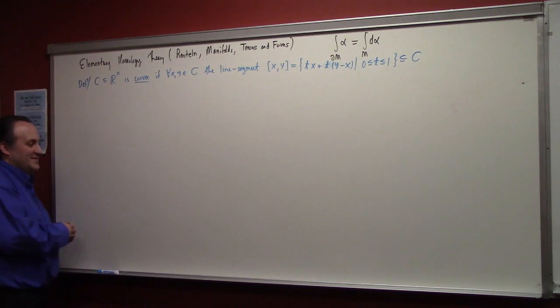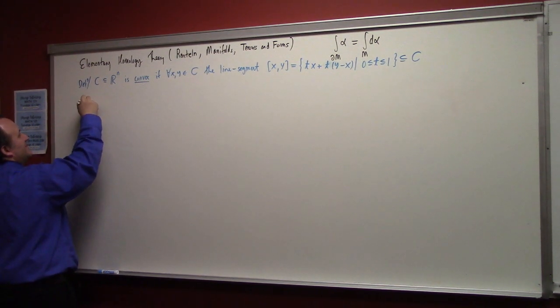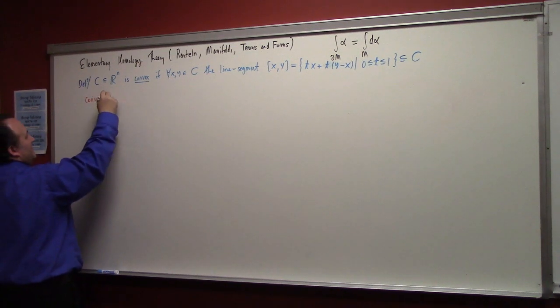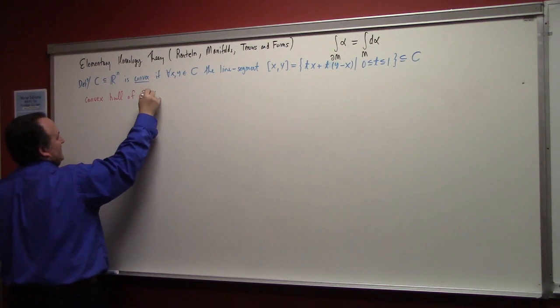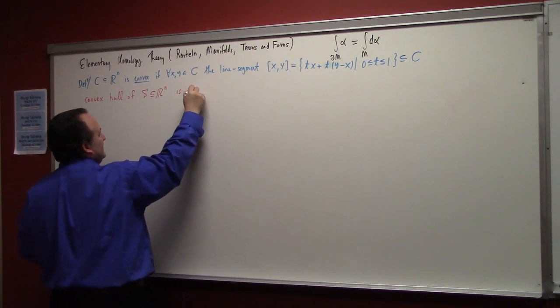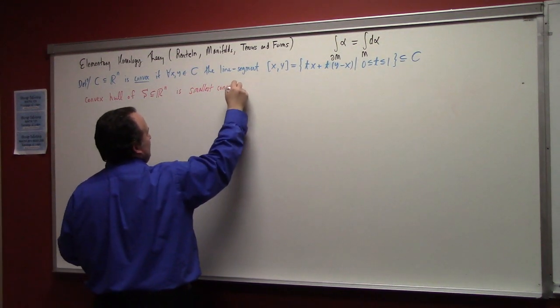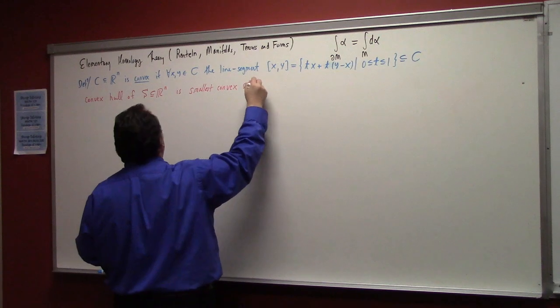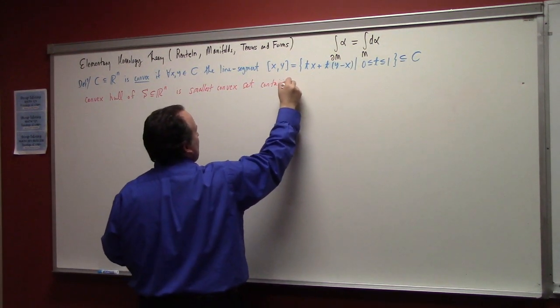What is the convex hull? The convex hull of a subset S of R^n is the smallest convex set containing S.